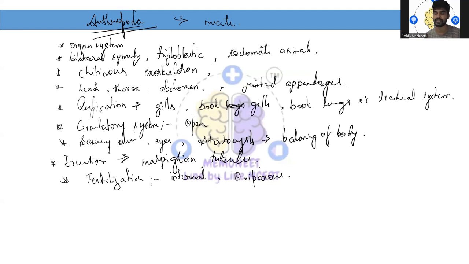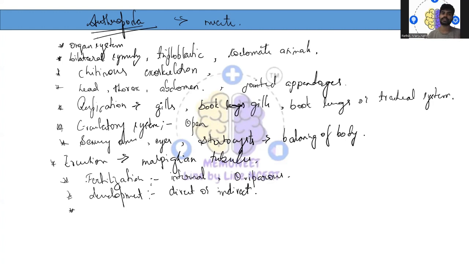These insects lay eggs. Coming to development, it will be either direct or indirect.